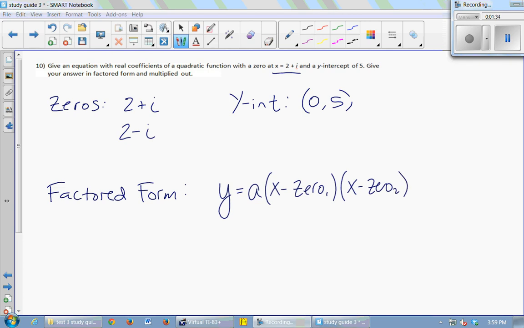And I know the zeros, so I can plug those in. So I have y equals some leading coefficient a times (x minus (2 plus i)) and (x minus (2 minus i)).